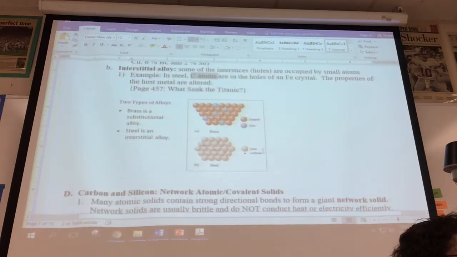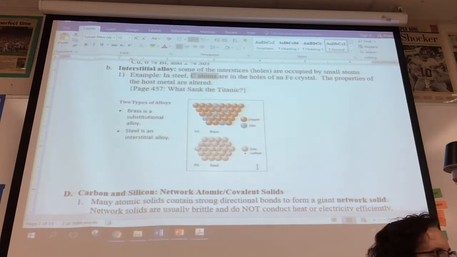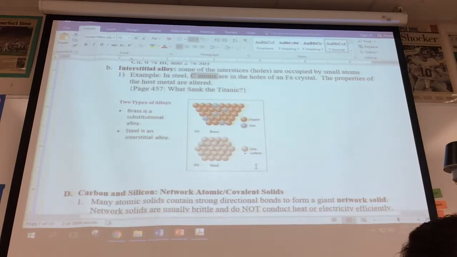Essentially, steel is an interstitial alloy, and what you've got here are iron atoms in some type of regular repeating arrangement, and then these little dots here are going to be carbon, and they're going to plug in the holes, and that's why steel is so strong, because you won't get any slippage here because those holes are plugged up.